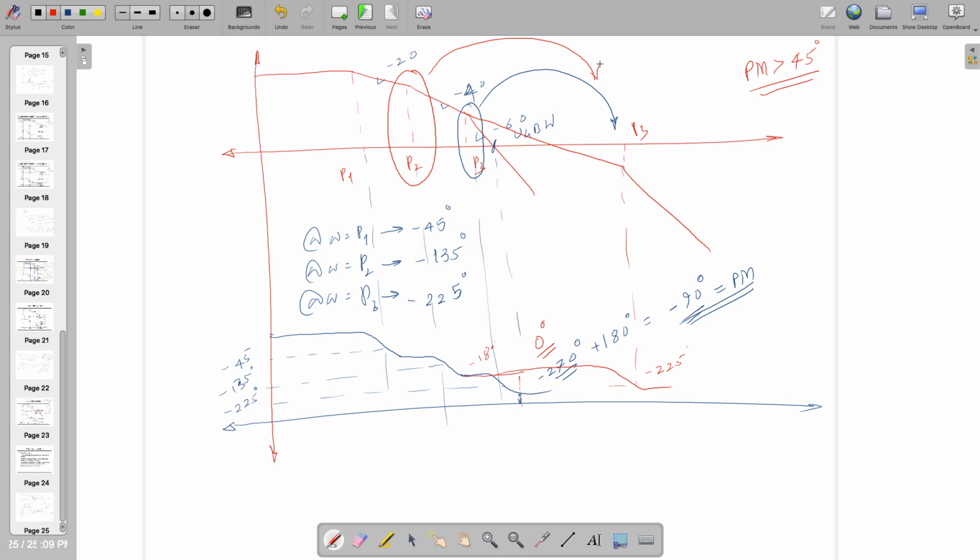If you achieve more than that, you are going to have a phase margin of more than 45 degrees. And when it's much higher than UGBW, you are going to achieve a phase margin of 90 degrees. But 90 degrees is also not required. The requirement might be greater than 45 degrees or sometimes 60 degrees. That's sufficient to keep the system in stable mode.